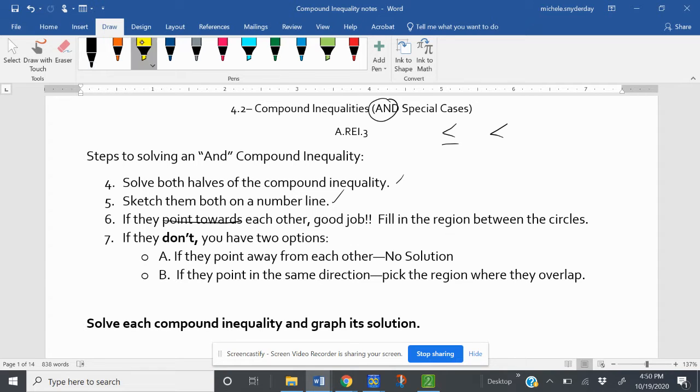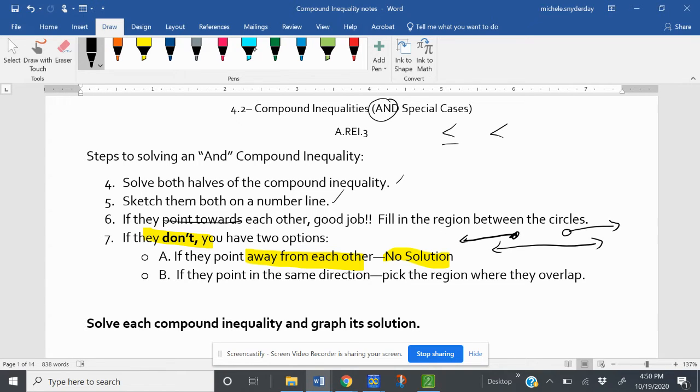If they point away from each other, you call this a no solution. So when you graph them on a number line, and you have one that goes one direction and the other one that goes the other direction, those are away from each other, so that would be considered a no solution. Or you have a second option.